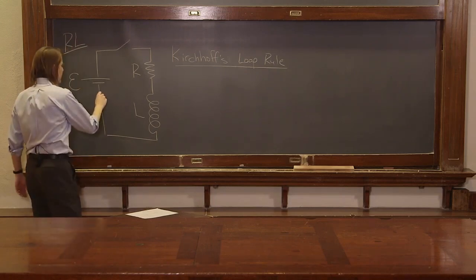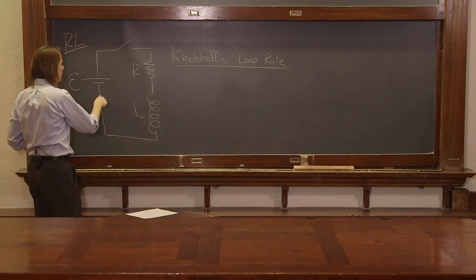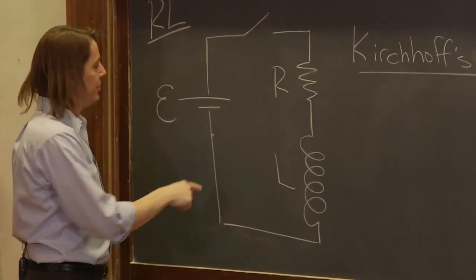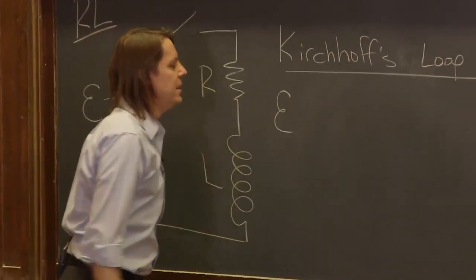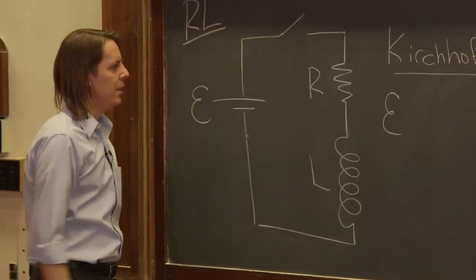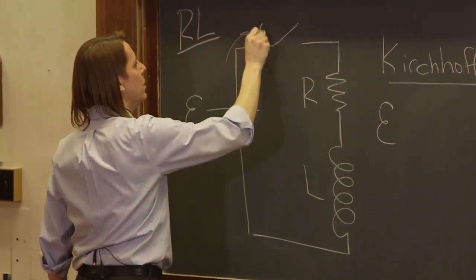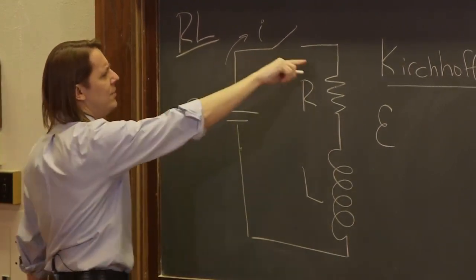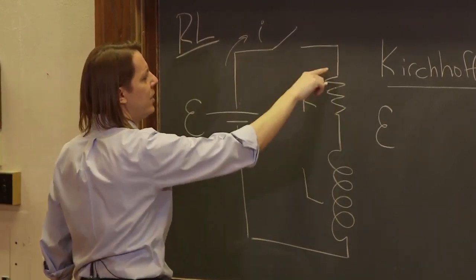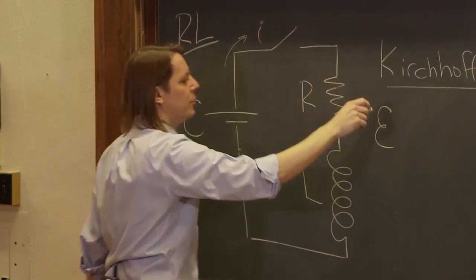Okay, well, Kirchhoff would say start here, go around the circuit, and all the delta V's should add up to 0, right? So if we go from here to here, that's low to high, so that's EMF of the battery. And then we can assume the current's going to go that way, we're looping that way, and that means this would be the high side of the resistor and the low side if the current flows that way, so it's minus IR.